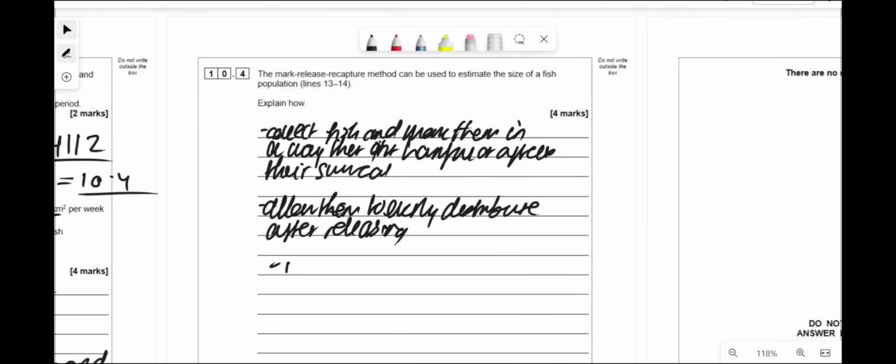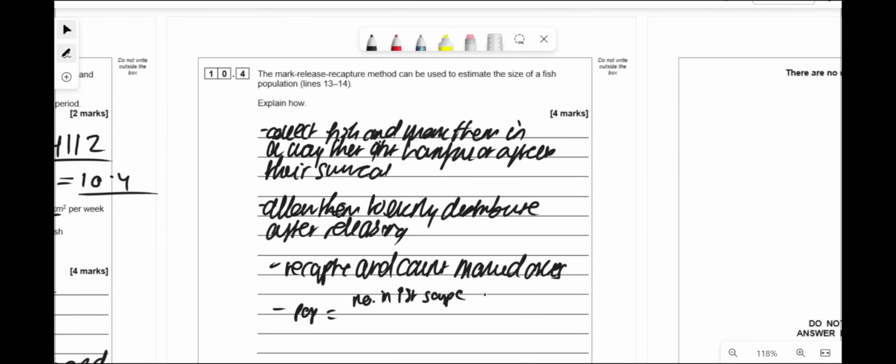And then you recapture and count the marked ones. And then you use the formula: population equals number in first sample times the second over the marked fish in second, and that lets you estimate the population size.